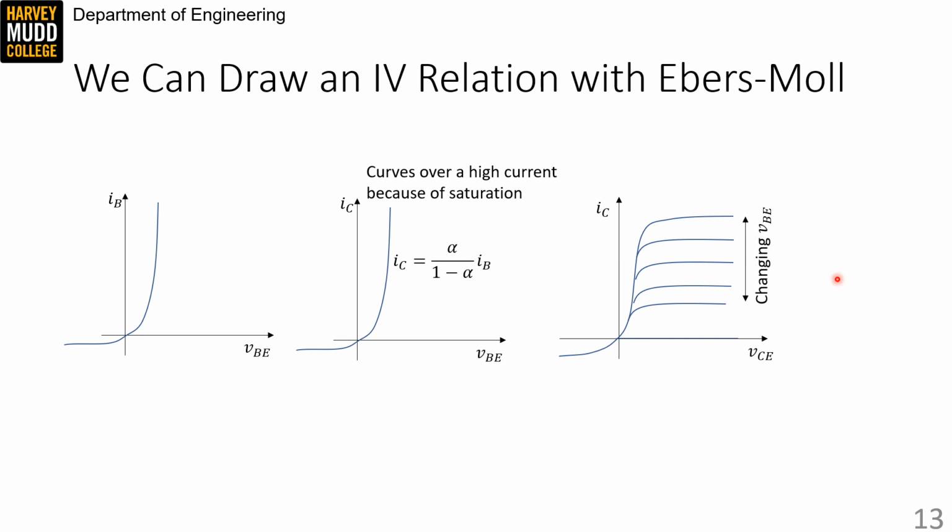The left side of this plot shows an exponential increase in IC current as VCE increases, because it's representing the saturation region, where the collector current is controlled by a diode.